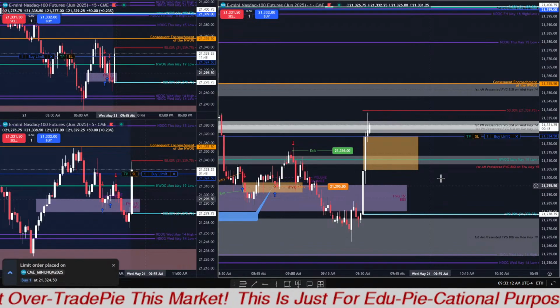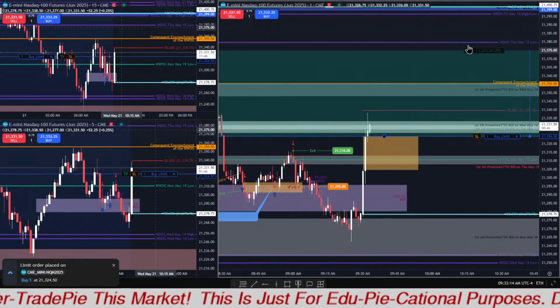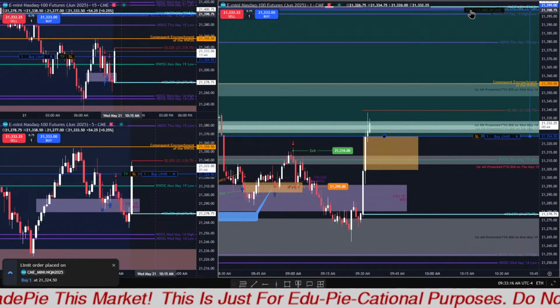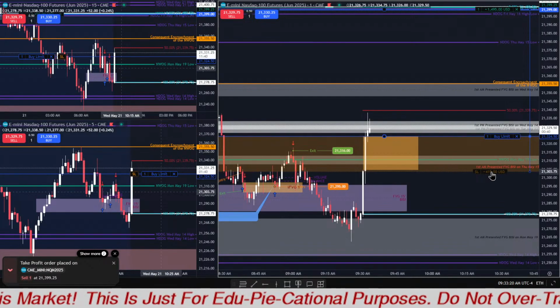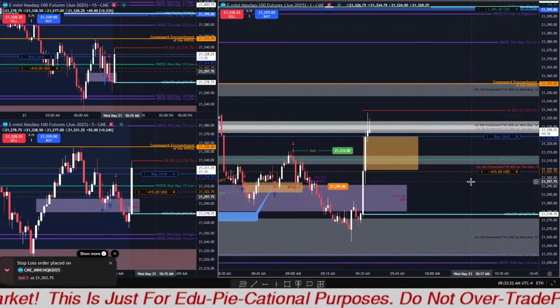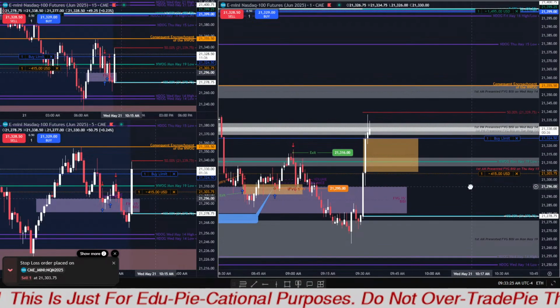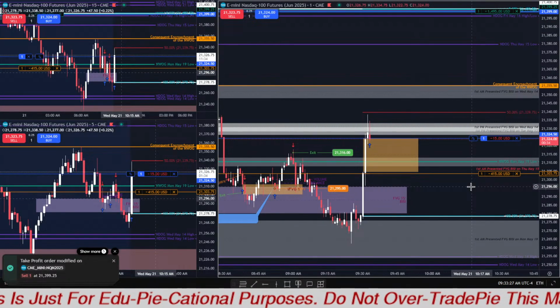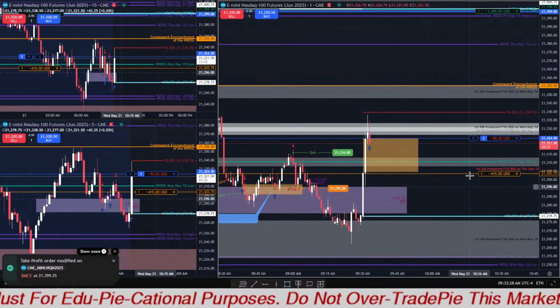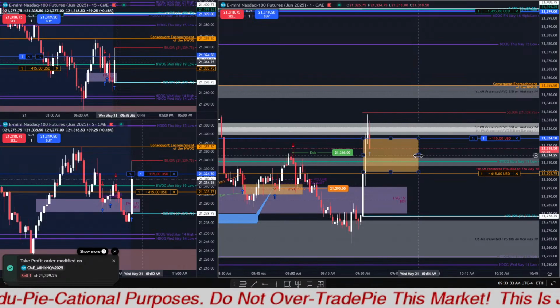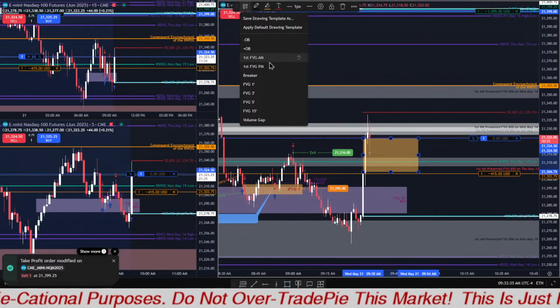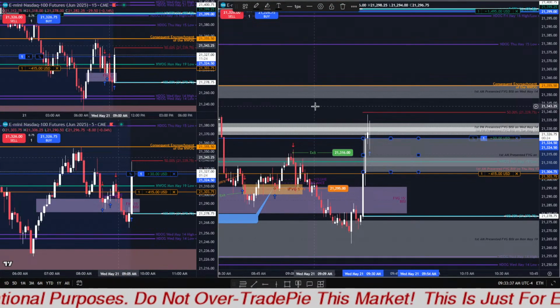I'm placing a buy position and aiming for the buy side liquidity on the 5-minute chart. We got filled on this position, and let's wait to see the reaction of the market.